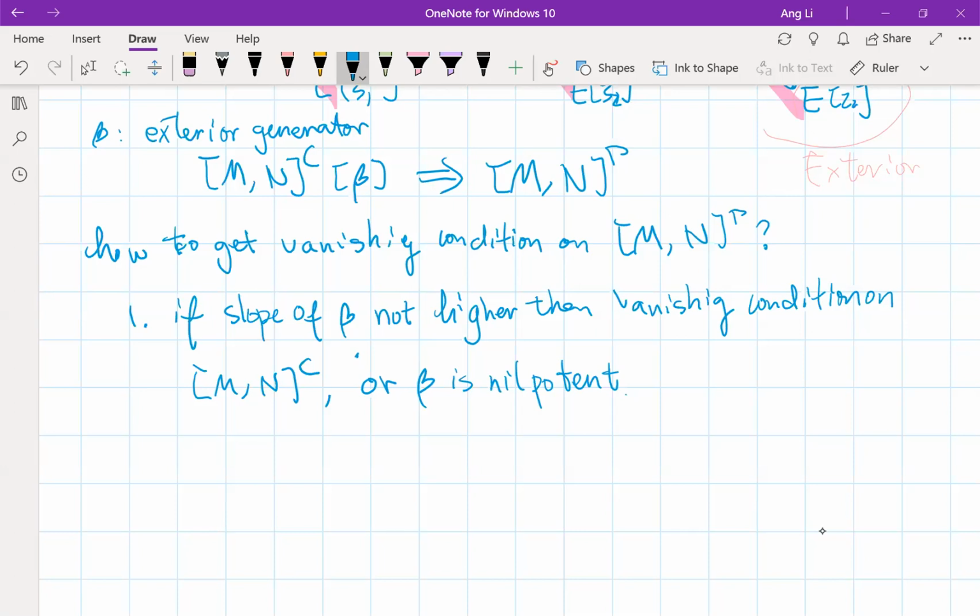So you can think of that as moving up your vanishing plane and blocking them away again. So we say the resulting vanishing condition has parallel slope, because it's nilpotent, you can always move it up.